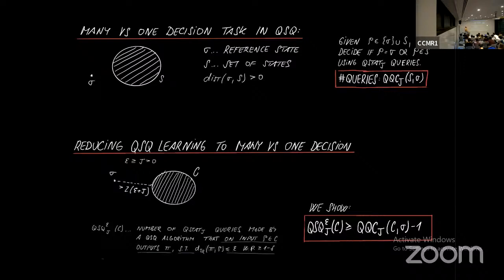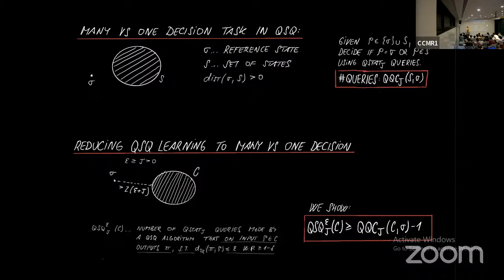He starts by looking at something called many versus one decision tasks in statistical queries. In our case, it's a quantum formulation of that. In quantum statistical query learning, the many versus one decision task is a task where I give you a state rho that comes either from some set S or some reference state sigma.